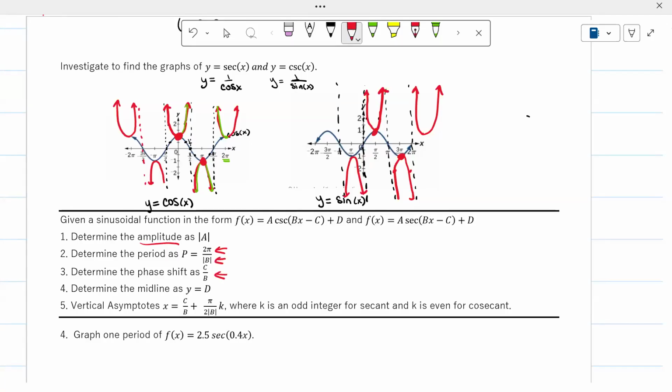Then there's phase shift, vertical shift, and as we saw, asymptotes.